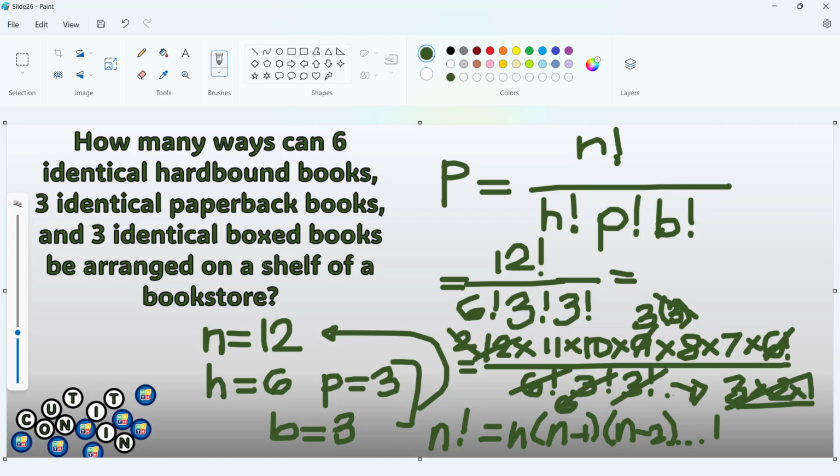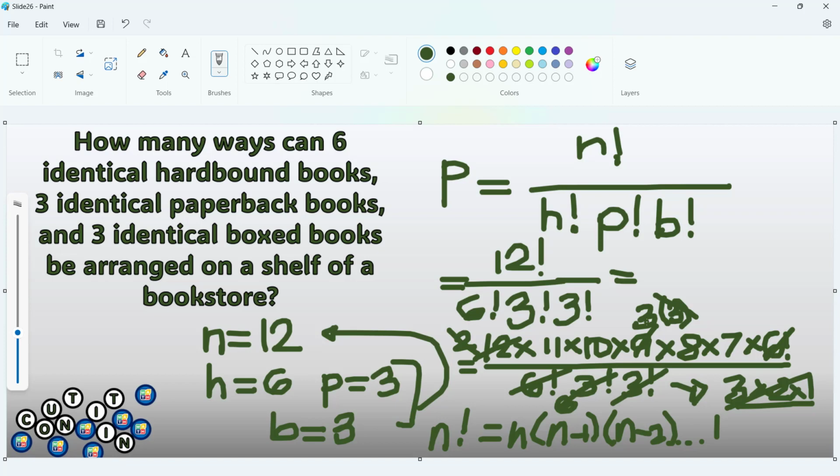Once I cancel all of this, I remove 6 factorial earlier, then the 3 factorial which is 6, I remove with 12, which is 6 times 2. The 2 here is paired with 3 for 3 times 3, which is 9, and is also cancelled together with another 3 factorial, which is 6. With that, I'm just going to multiply the remaining numbers: 11 times 10 times 3 times 8 times 7. I don't have 9, I have only 3 here.